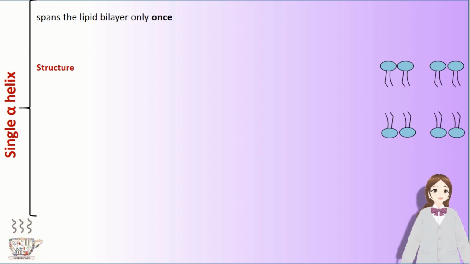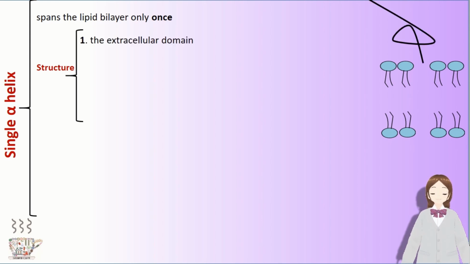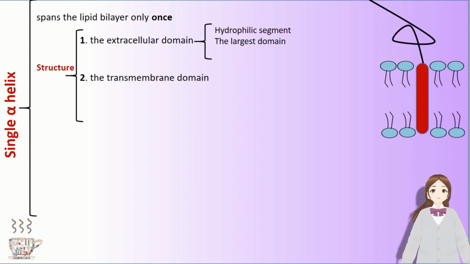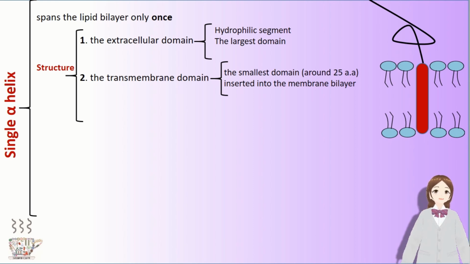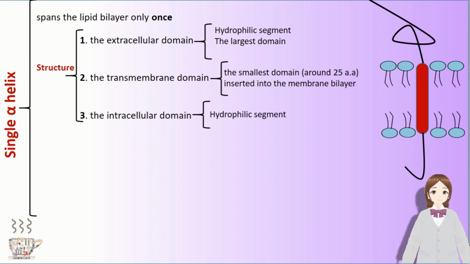It has three domains in its structure: the extracellular domain, that is the hydrophilic segment and the largest domain; the transmembrane domain, that is the smallest domain, around 25 amino acids, and it's inserted into the membrane bilayer; and the intracellular domain, that is the hydrophilic segment.